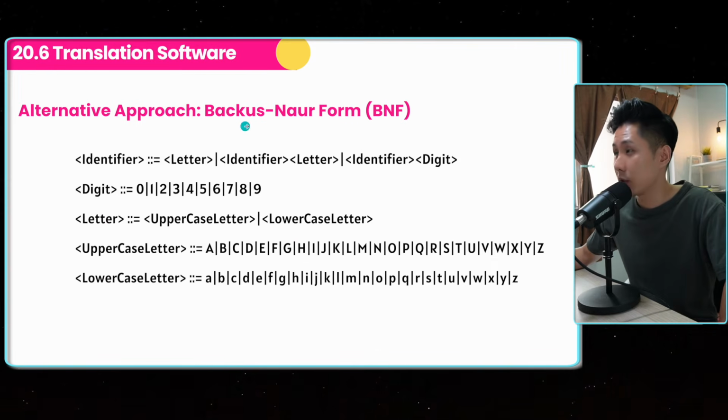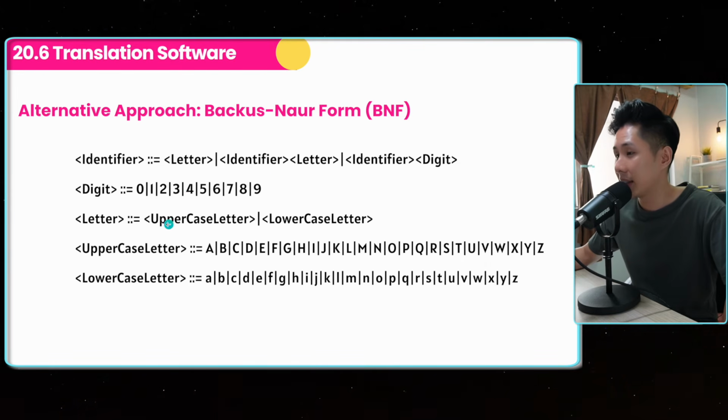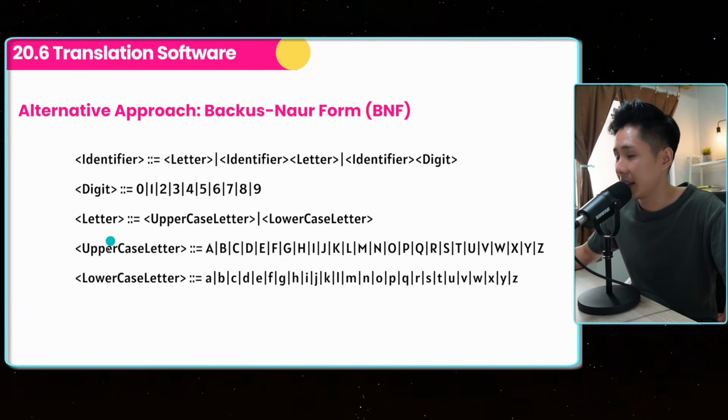Another approach is to use the Backus-Naur form. So for example, identifier, in this case, it can be a letter. This bar stands for or, and identifier letter, identifier, or digit. And digit has to be from 0 to 9, letter, uppercase or lowercase. And then what happened here is that when it talks about letter case, instead of writing A to Z here, we can create another thing called uppercase letter.